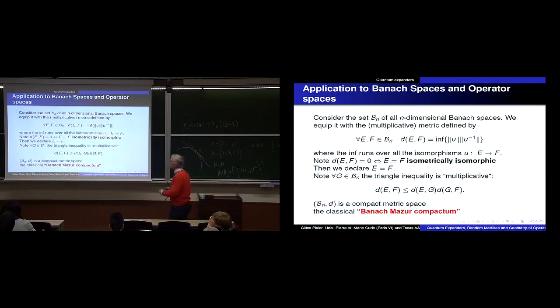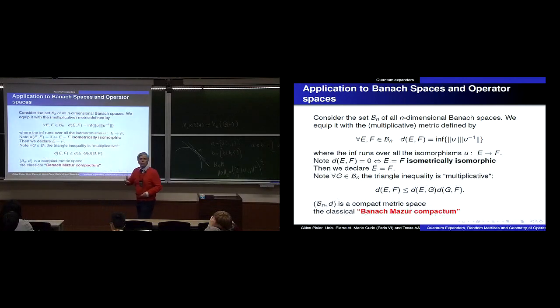And so I look at the Banach-Mazur compactum, which is by definition the set of n-dimensional Banach spaces equipped with this number, which is usually described as the Banach-Mazur distance. Distance should be, quote unquote, because the distance is multiplicative.